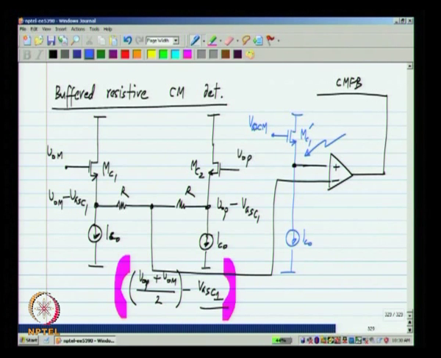Now, here what we will get is VOCM minus VGS C1 prime. Now, this stage is a replica of these two source follower stages. So, VGS C1 prime will be equal to VGS C1. So, finally, when these two voltages become equal, it implies that VOP plus VOM by 2 equals VOCM.